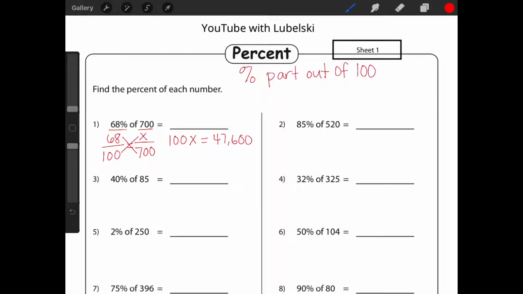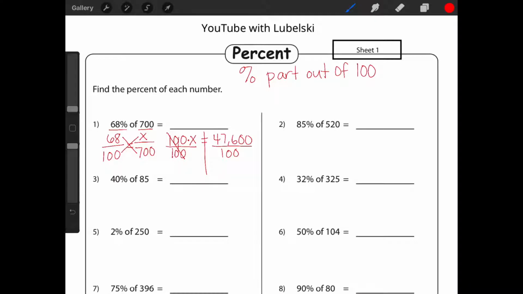To get rid of a coefficient before x, I'm going to do the inverse operation. If it's 100 times x, I'm going to divide by 100, but what I do to one side, I have to do to the other to keep it even.